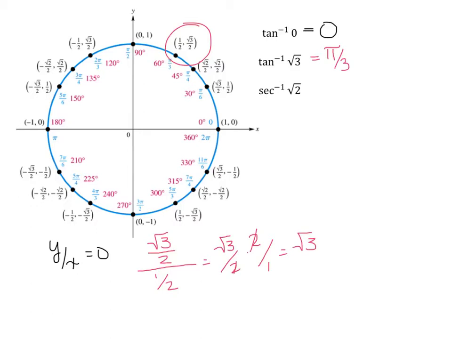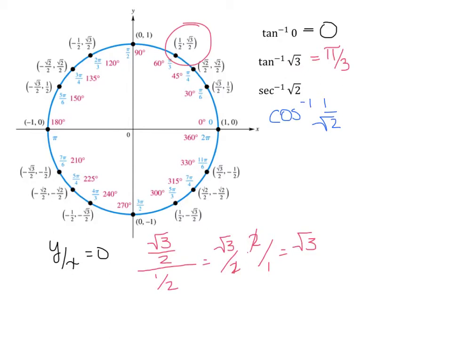I'll now take a look at the last one, the inverse secant of square root of 2. I need to remember that secant is 1 over cosine, so the inverse secant would be essentially inverse 1 over cosine. Or I could look at this and say that I'm taking the inverse cosine of 1 over square root of 2.